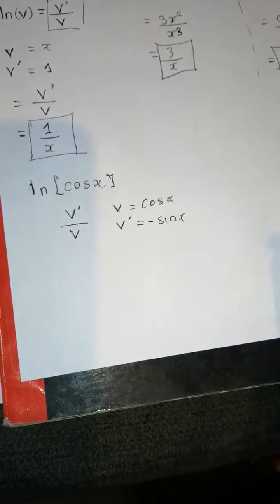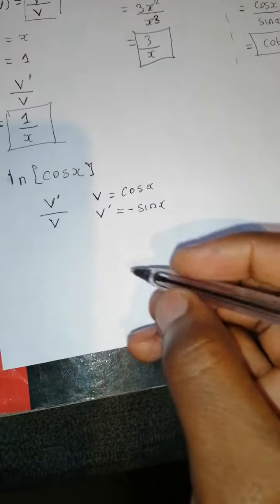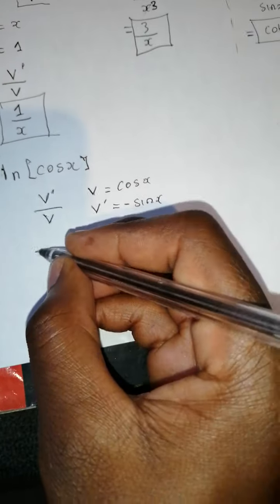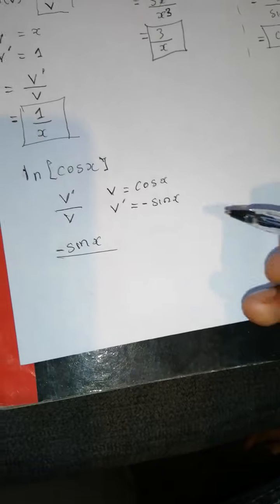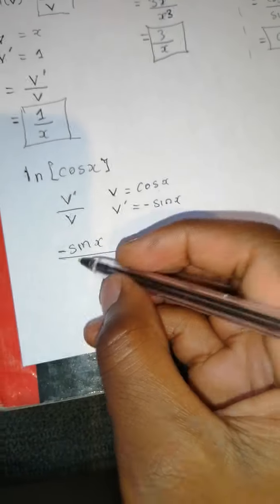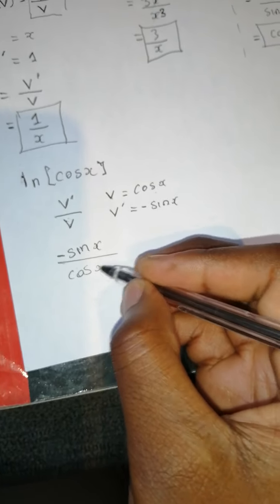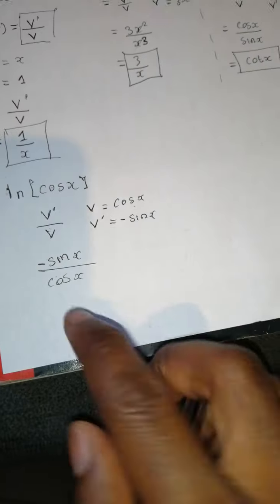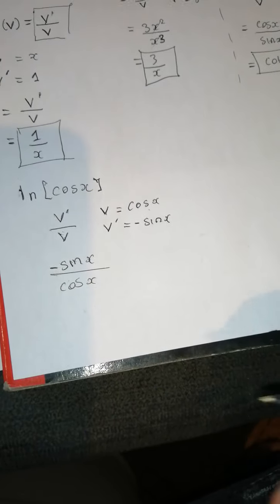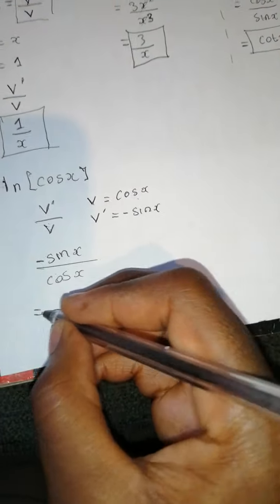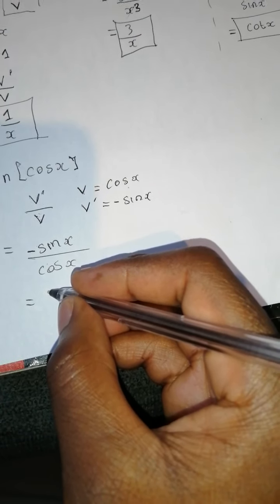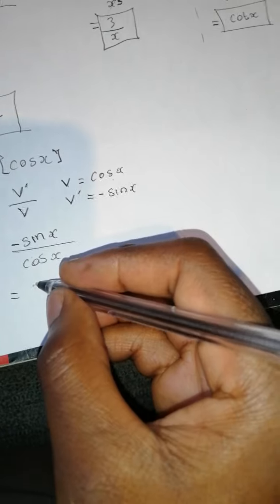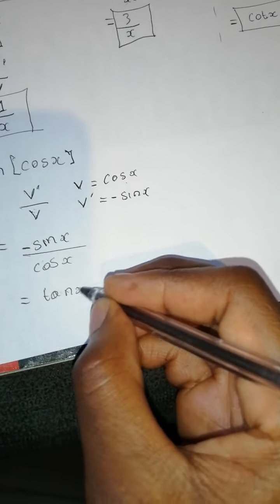So we have to replace in the formula. v prime is negative sine x, and then we have v, which is cos x. We know that sine x over cos x is equal to tan x.